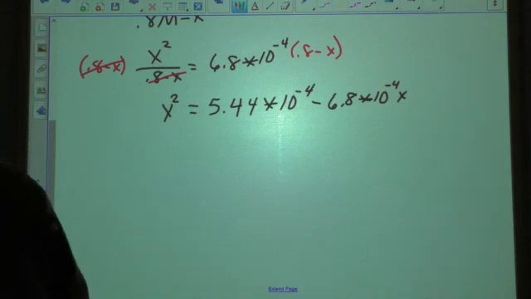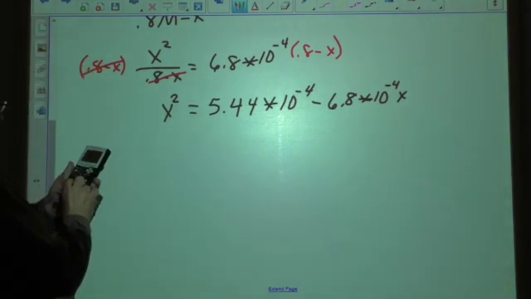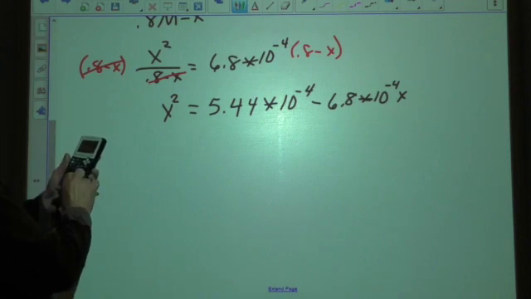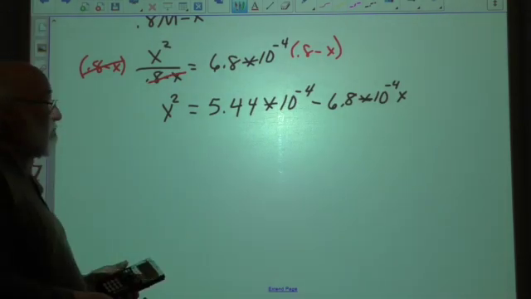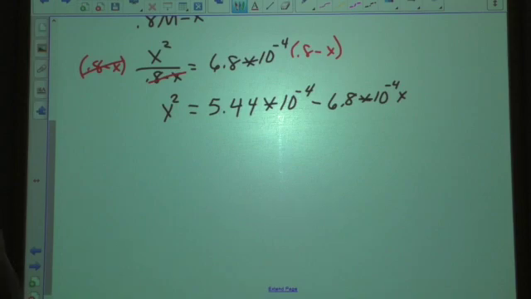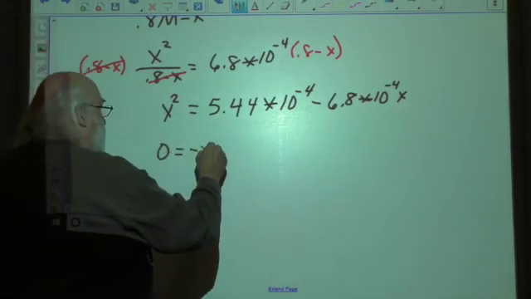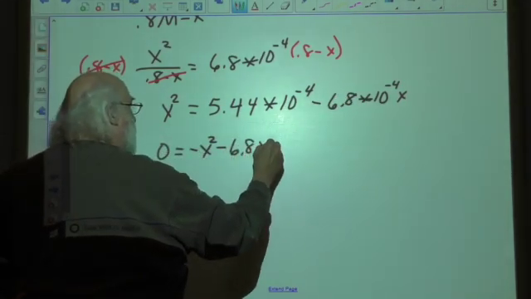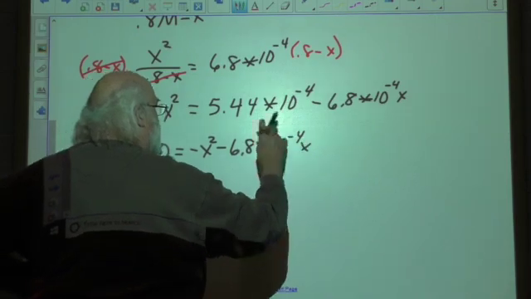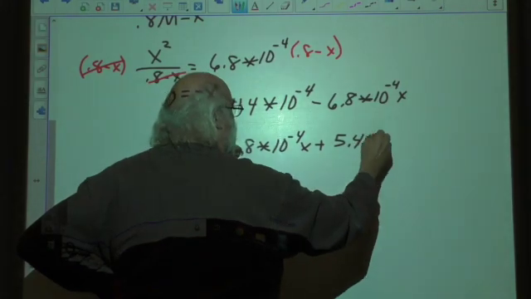Probably should double check my math on that. It's kind of a weird day. So let's take 6.8 times 0.8, and you get 5.44. Okay, I guess right. Now I'm going to move the x squared over. So 0 equals negative x squared, we move that in front, minus 6.8 times 10 to the negative 4th x. Move this to the last part here because it has no x's in it.